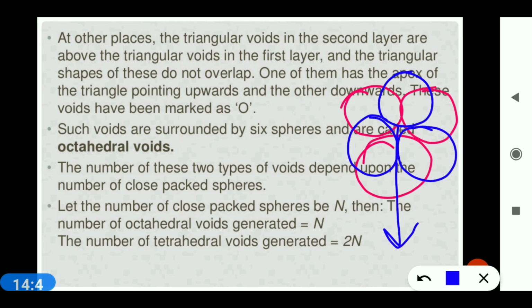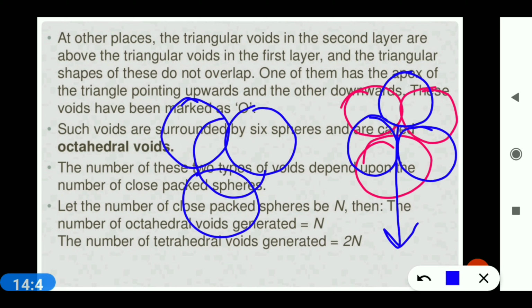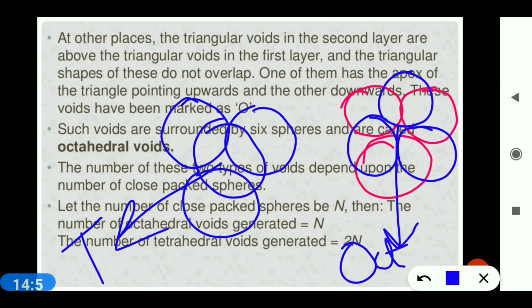A tetrahedral void is obtained when there are three particles and a fourth one is above them. This is the tetrahedral void and this is the octahedral void. So tetrahedral voids are obtained from four particles and octahedral voids are obtained from six particles.